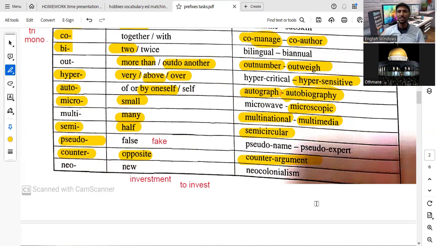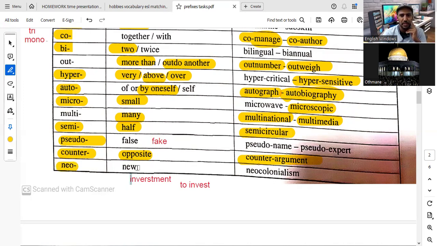People go different ways. Some give arguments that are pro women development and pro contribution to the society. Others provide a counter argument against this, right? We say your counter argument.